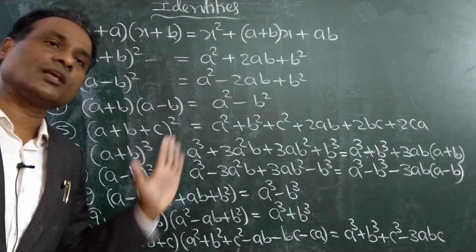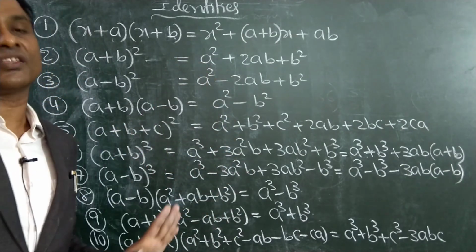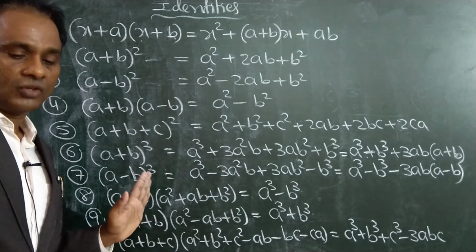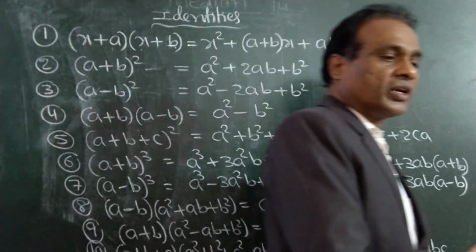So please remember. We are going to apply these identities in the last exercise, that is the 5th exercise. Write down these formulas fast, those who have not written. Please note it fast.